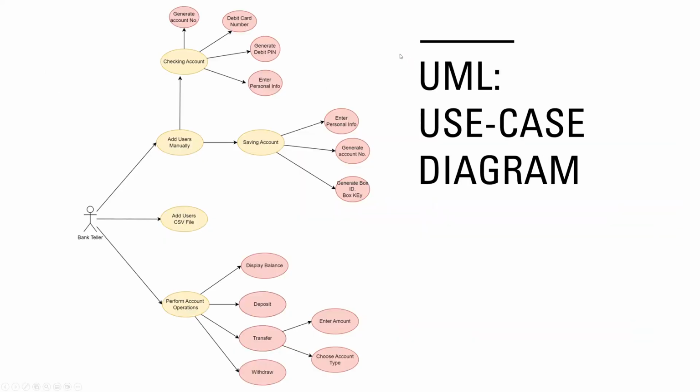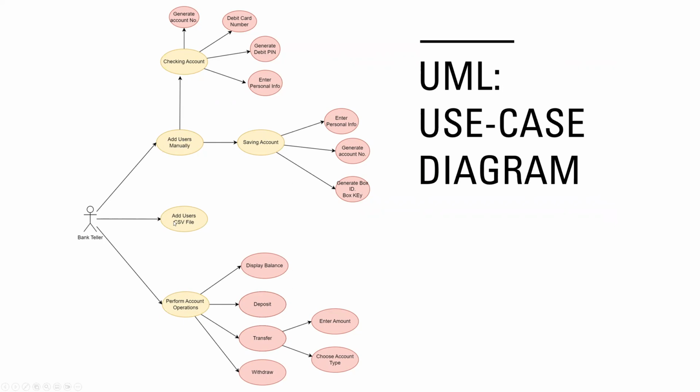Moving to the UML diagrams, we created the use case diagram, sequence diagram, and state diagram. This is our use case. It shows if you want to add users manually, these are the use cases for that.